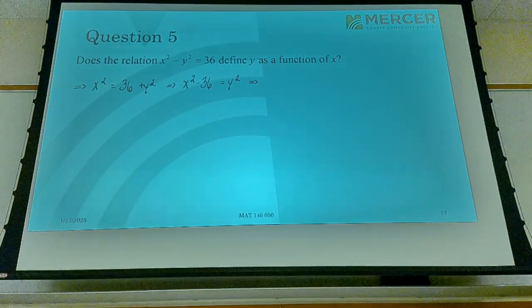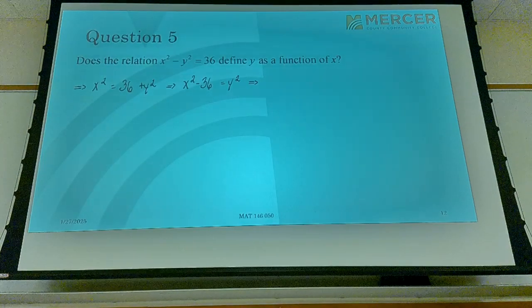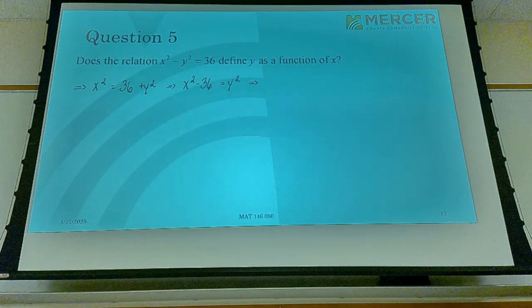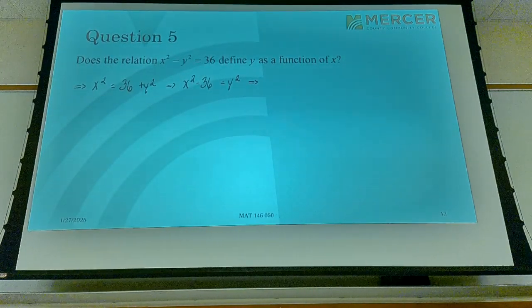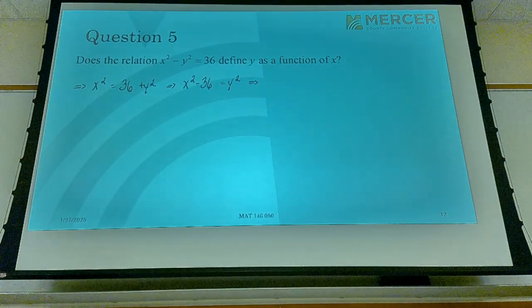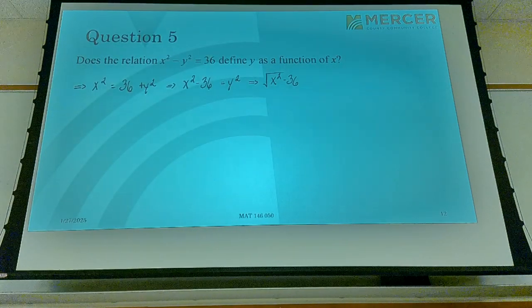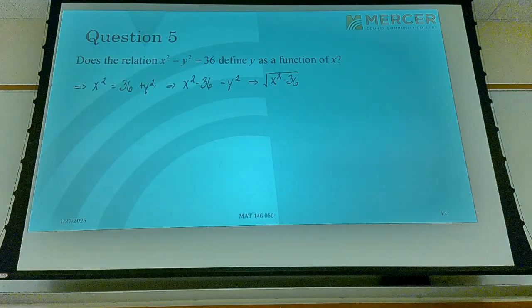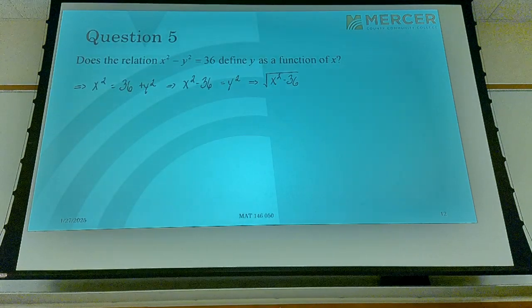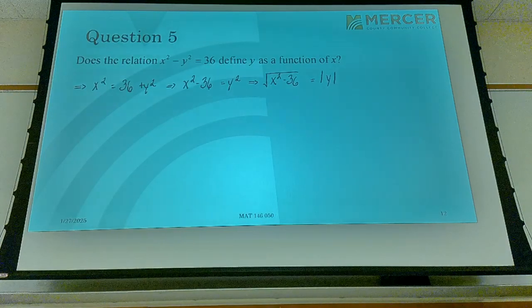Remember, a square root does not distribute across subtraction or addition. But then we get, again, absolute value of y, square root of y squared. That means each x value is going to give you two y values, the positive and the negative. That's not a function.